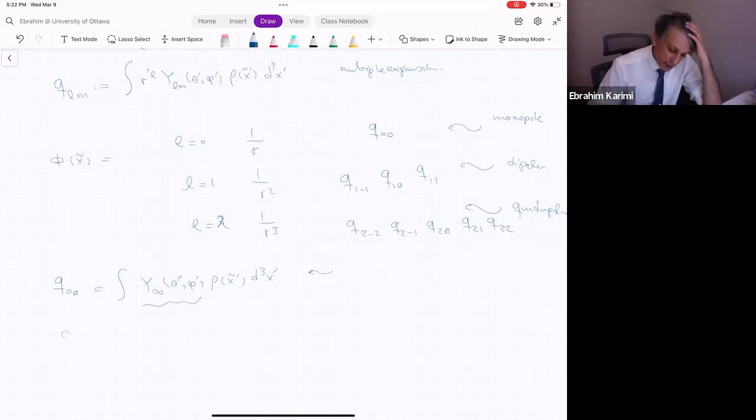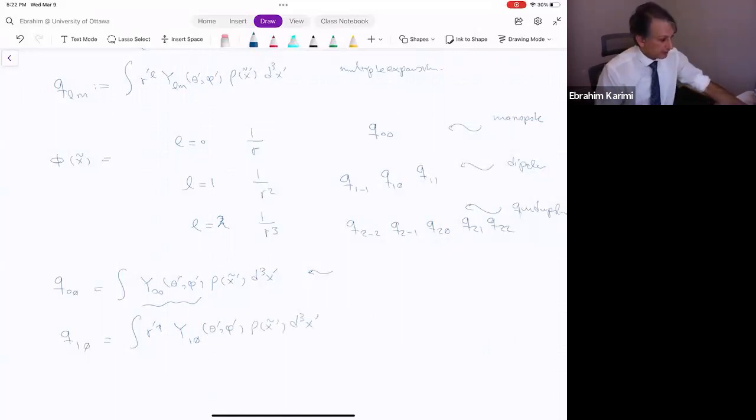What is happening with Q10? Q10 is the integral of R prime to the power of 1, Y10 of theta prime, phi prime, rho of x prime, d3 x prime.